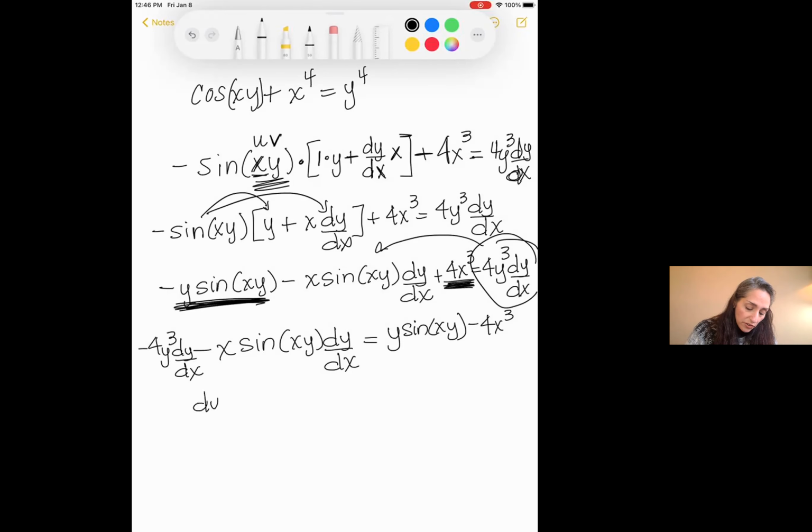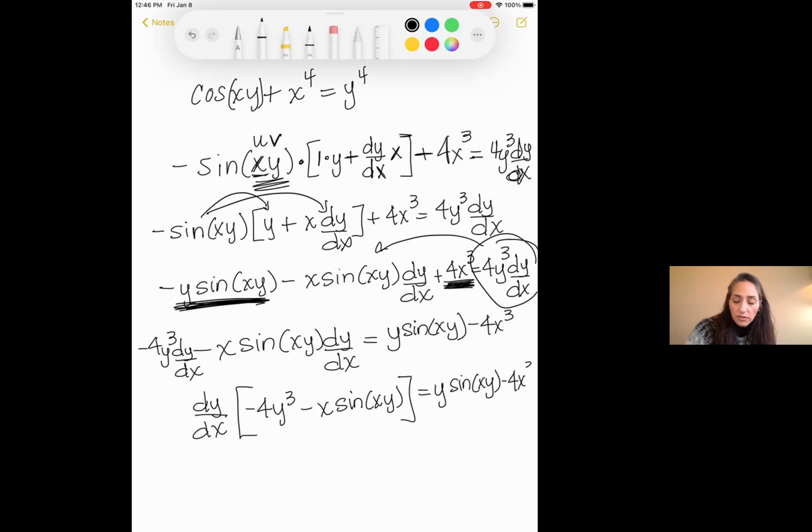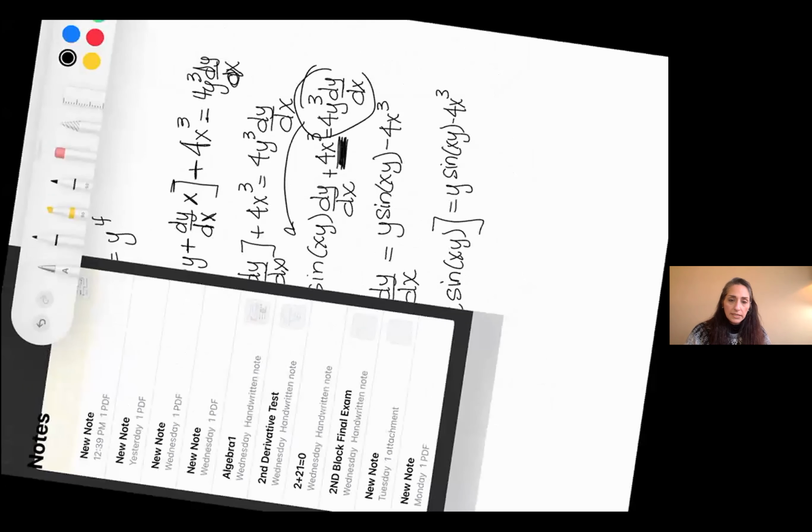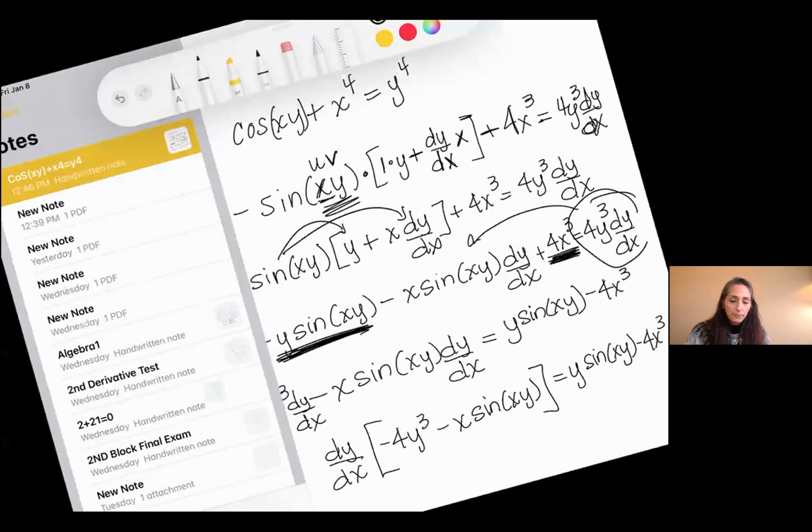Okay, so now factor out dy over dx. This is negative 4y cubed minus x sine of xy, and that equals y sine of xy minus 4x cubed.